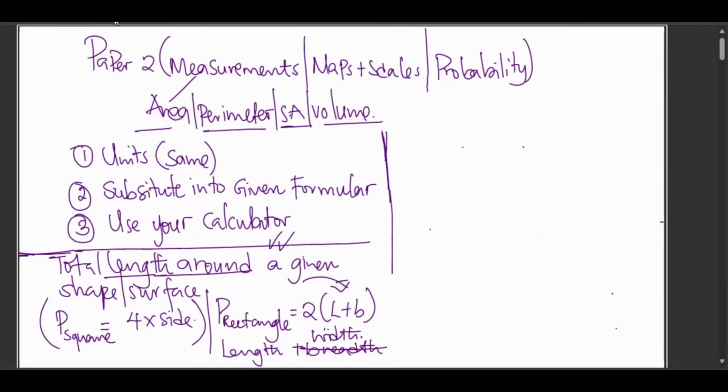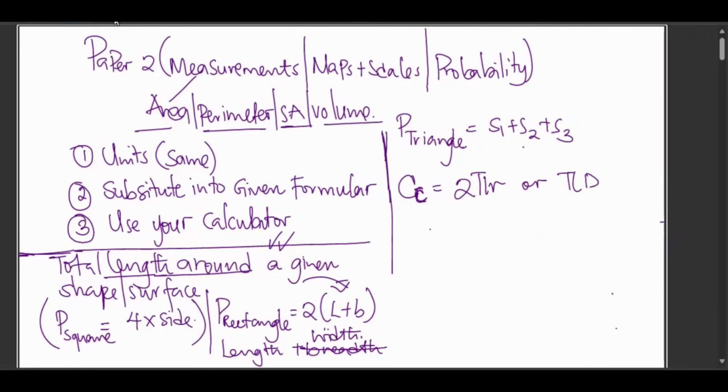Perimeter of a triangle: since there are 3 sides, we say side 1 plus side 2 plus side 3. Circumference of a circle, we use 2 methods: 2 pi r, or pi d. If you're given the radius, you'll use 2 pi r. If you're given the diameter, you will use pi d.